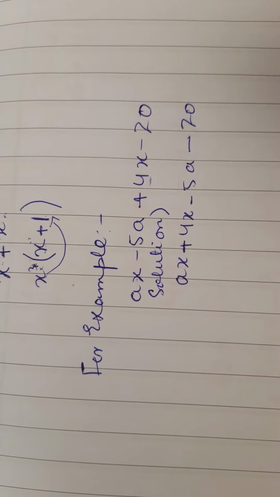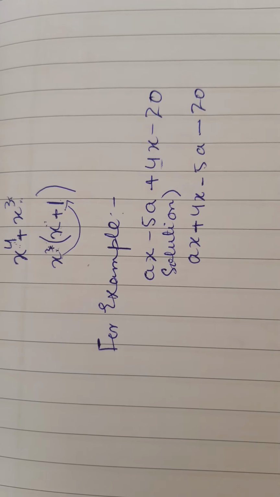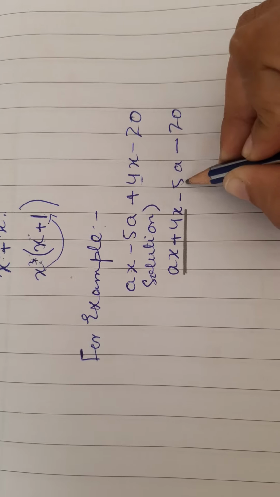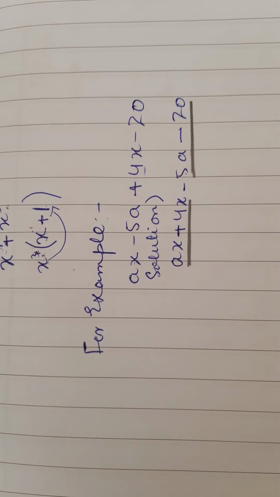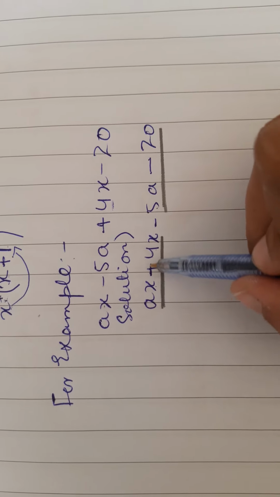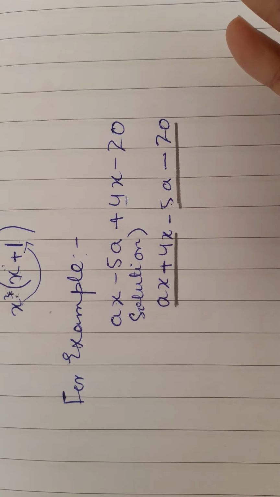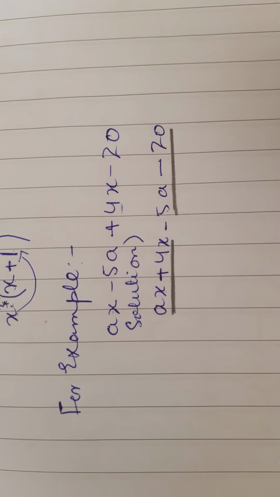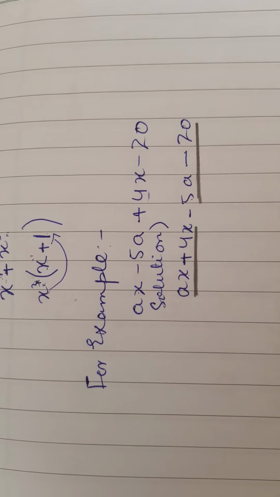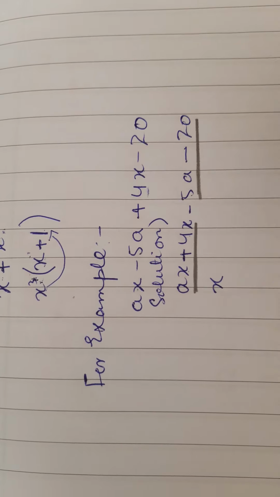Okay, I have arranged. Now with the pencil you can make groups. Now in these two terms you need to check which variable is common. Which variable is common? First go for the variable. X is common.